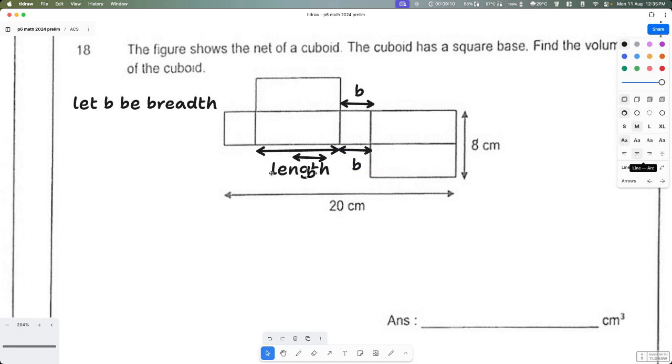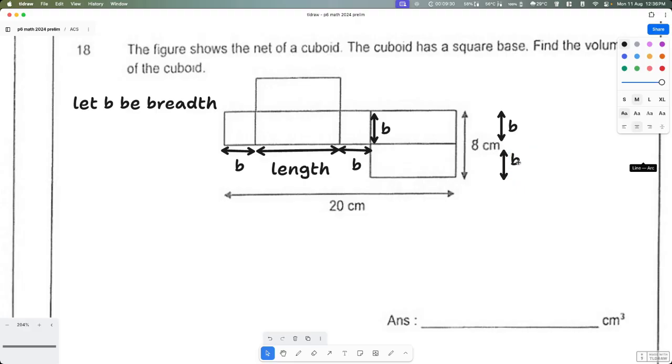This is also B. So that means these two are also B and B. Hopefully you kind of know how to solve this. We also know that this is also the length.